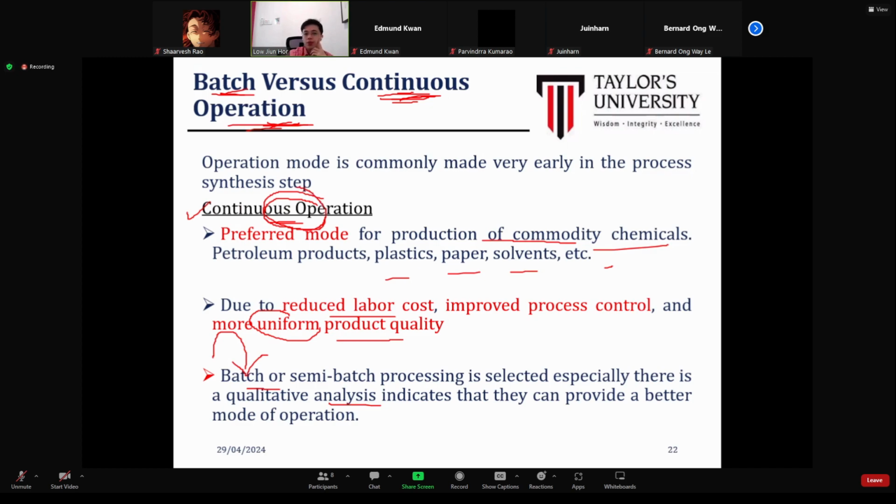If not, normally we will stick with continuous operation.